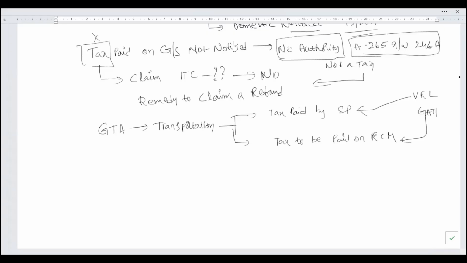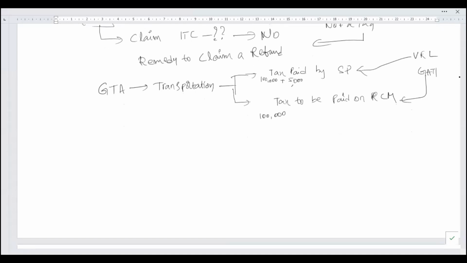Now the challenge for us as accountants is when a bill comes, like here I get a bill for 1 lakh. On this, there is a GST of 5,000. The bill is only 1 lakh. So how do I account for this bill? Transportation, forward charge account, debit to VRL account.